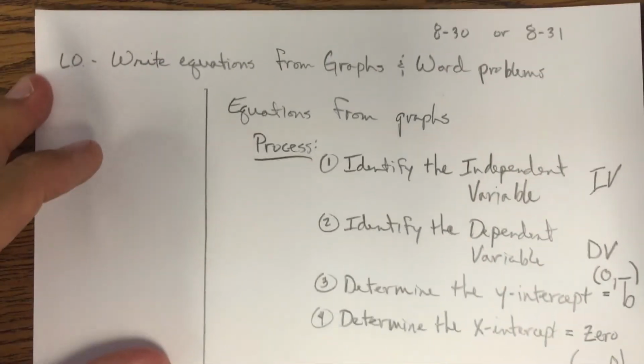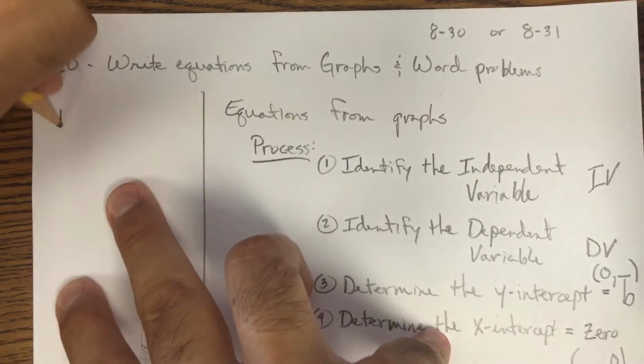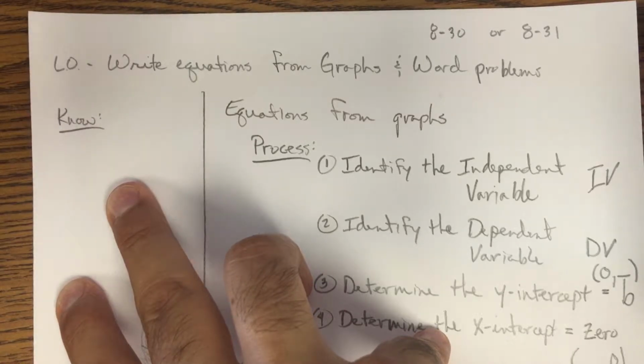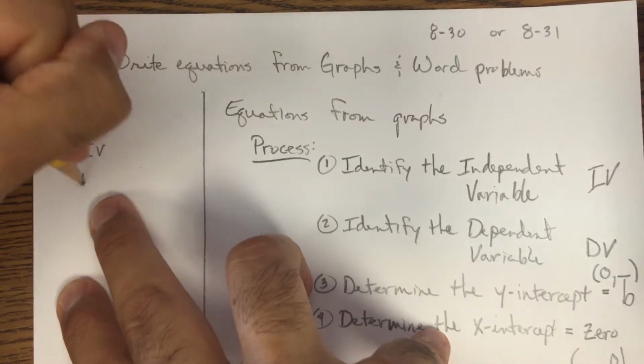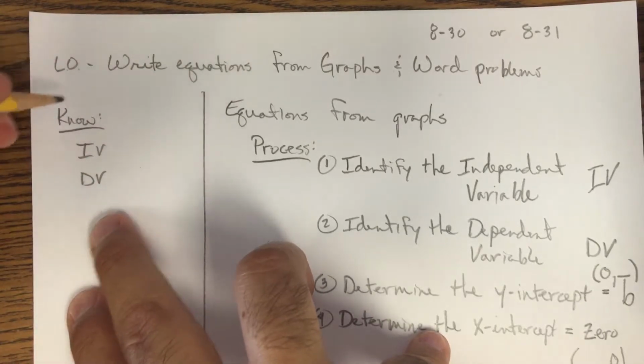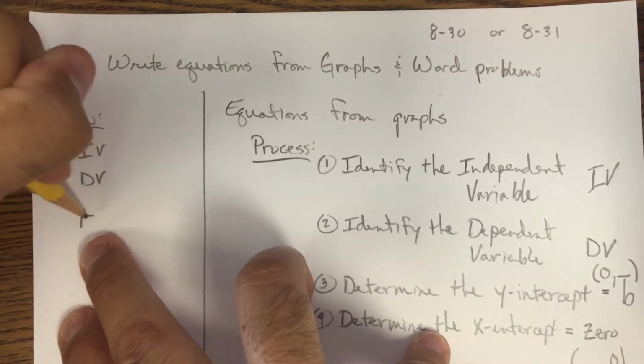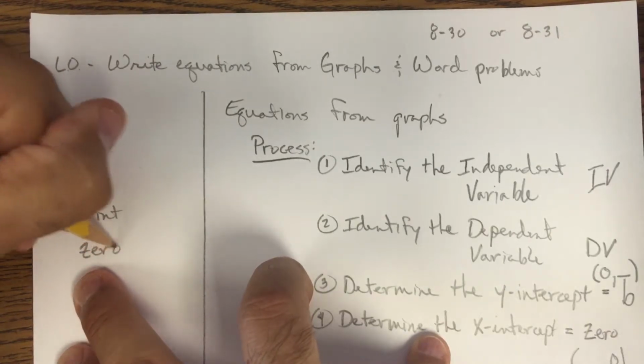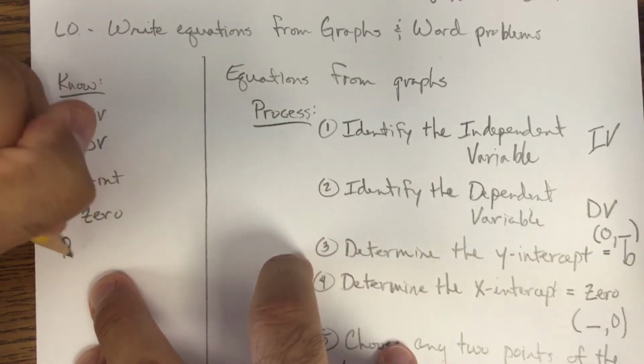Now, there's some things that we need to know. What are the things that we need to know from the example so far? We need to know IV, DV, and we need to know the y-intercept. We need to know zero. We need to know the rate of change.